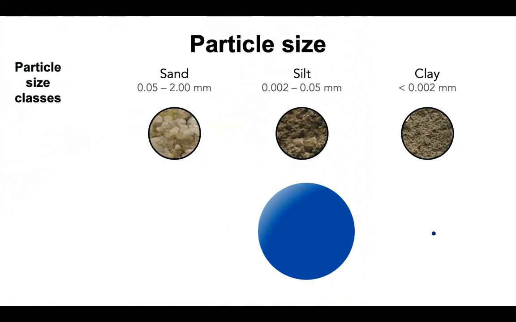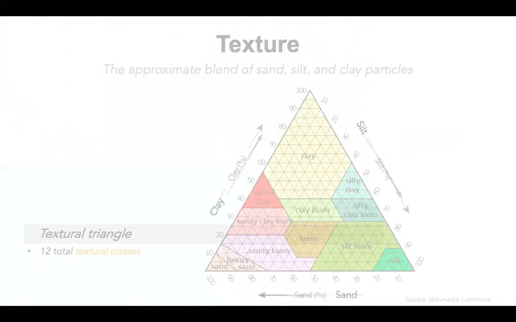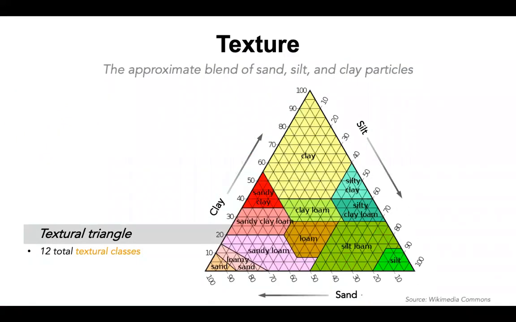So when we combine those particle sizes, we call that texture. So texture is that blend of sand, silt, and clay. It refers to that unique mixture. And to kind of think about that and visualize that, we use what's called the textural triangle, which tells us when you're on that triangle, you get a total of 12 textural classes.